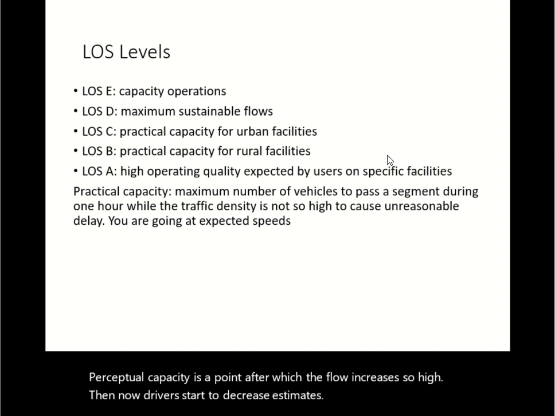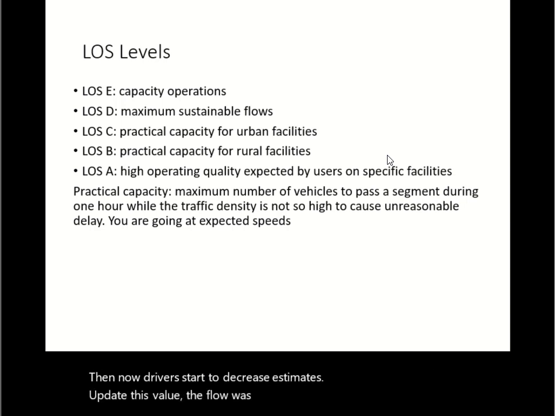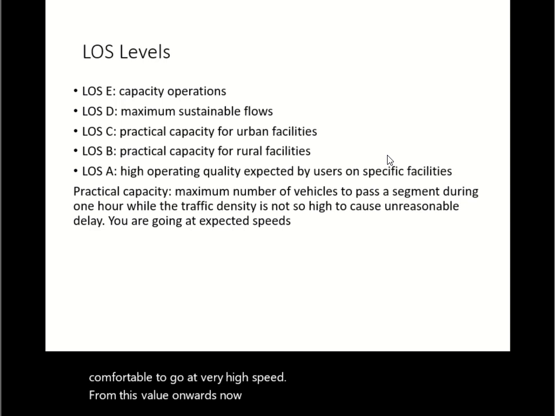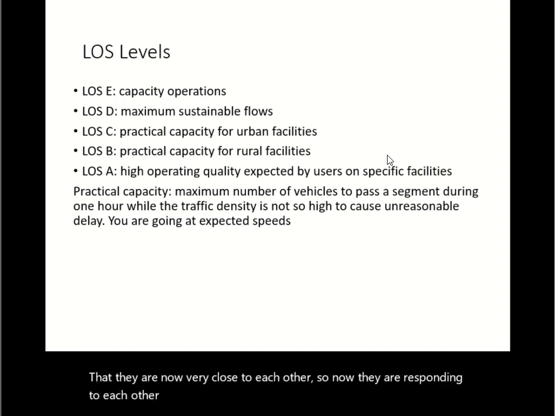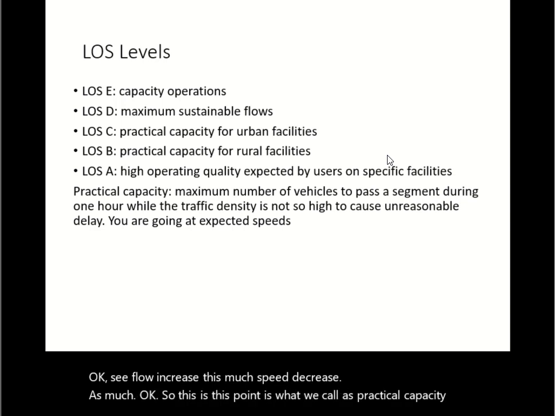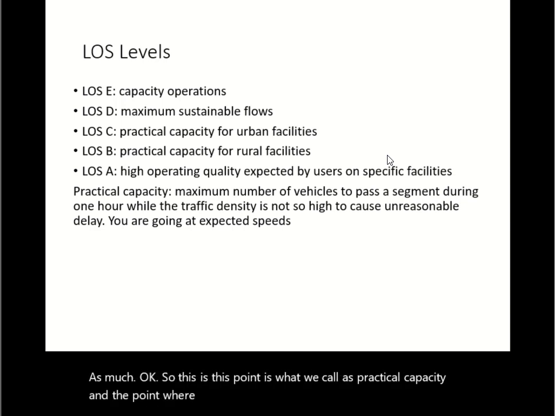Up till this value, the flow was increasing, but the drivers were still comfortable to go at very high speed. From this value onwards, they are very close to each other, so now they are responding to each other. So the speed is going down very quickly. You see, flow increases this much, speed decreases this much. So this point is what we call practical capacity, the point where the speed starts to go down quickly.